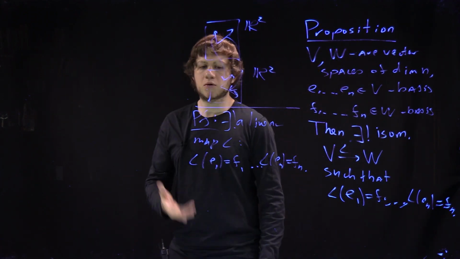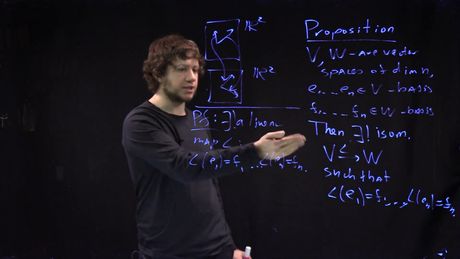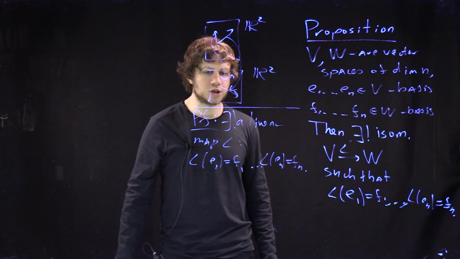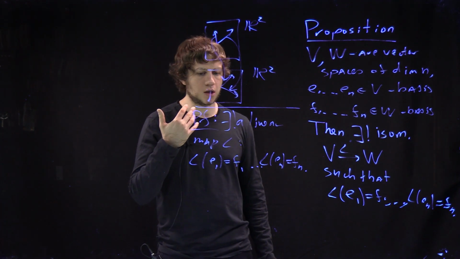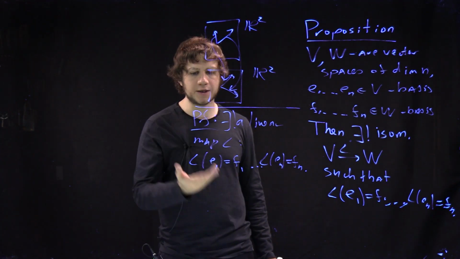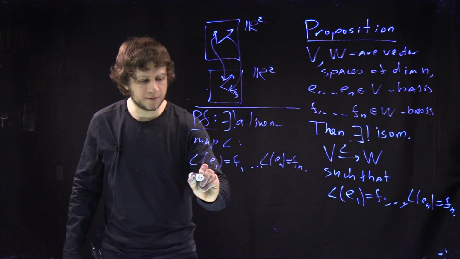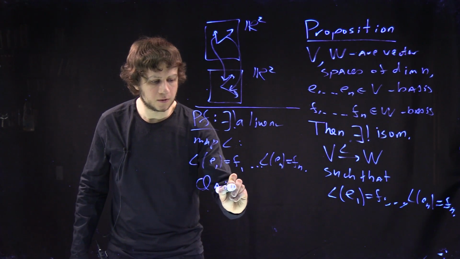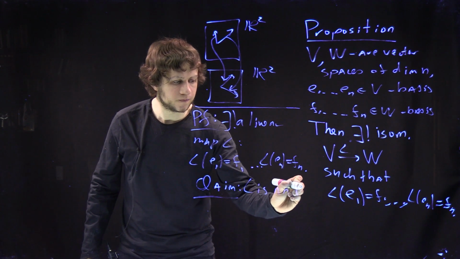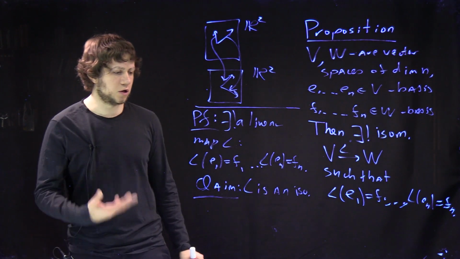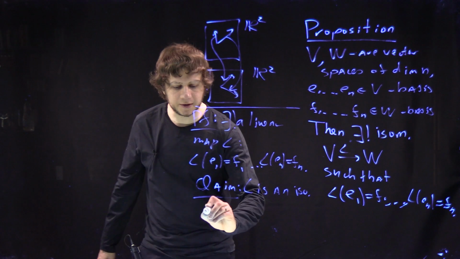So now we want to show that this is an isomorphism. And one way to do it is to look at the kernel and the image. So the claim is that L is an isomorphism. First let's prove that the kernel of L is 0.